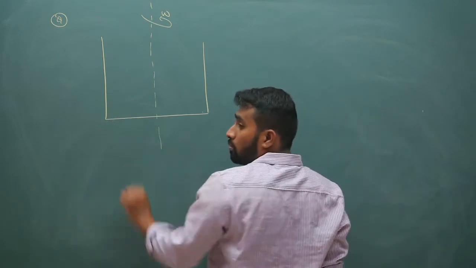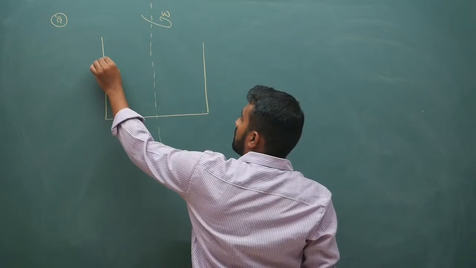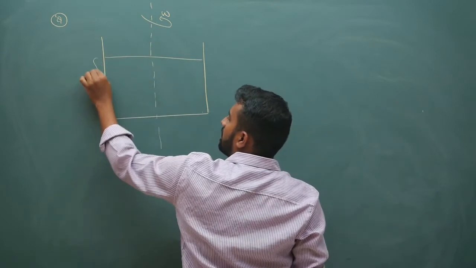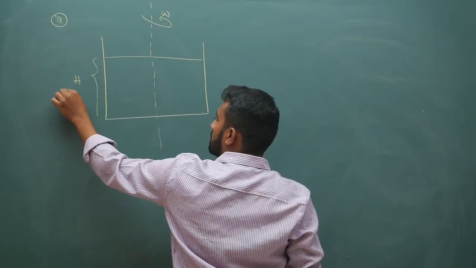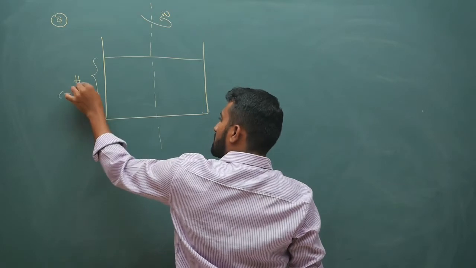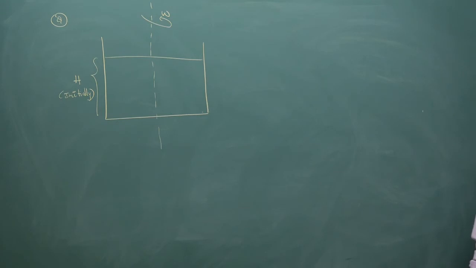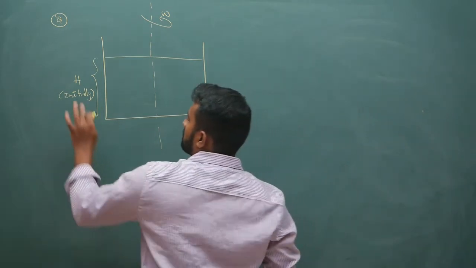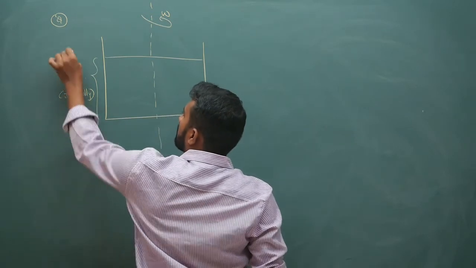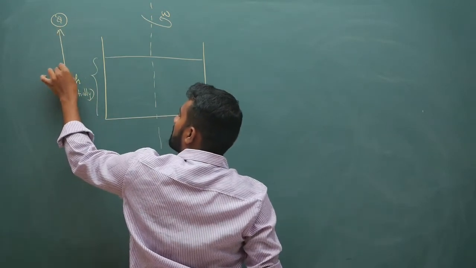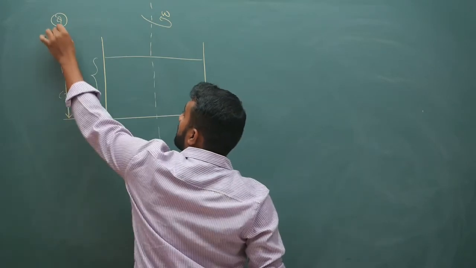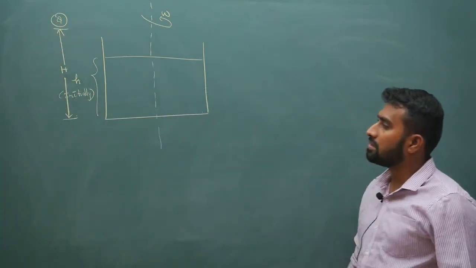You have filled the liquid up to height h initially, before rotation starts. Let us keep this as small h. The total height of the container is capital H. The initial liquid height is small h.